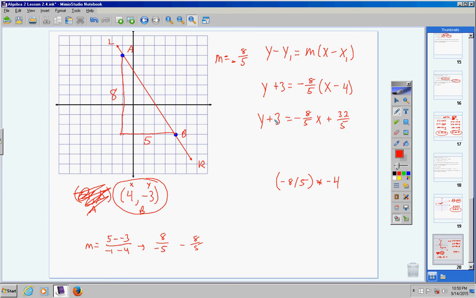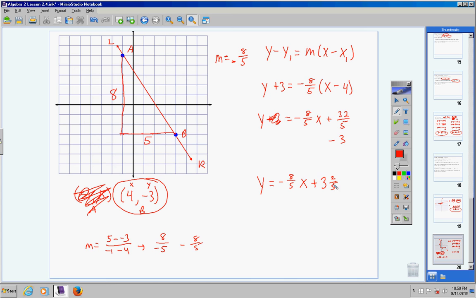Now, the last thing to do is bring this 3 over, make it negative. And again, use your calculator, guys, okay? Y equals negative 8 fifths x. Now, positive 32 over 5, negative 3 is going to give you a positive 3 and 2 fifths.